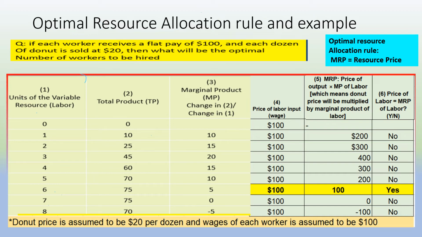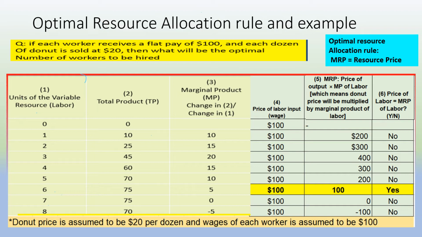And now we have to see at which hiring level this optimal resource allocation rule applies, where MRP equals resource prices. So here we see that equalization happens by the time they hire the sixth worker.